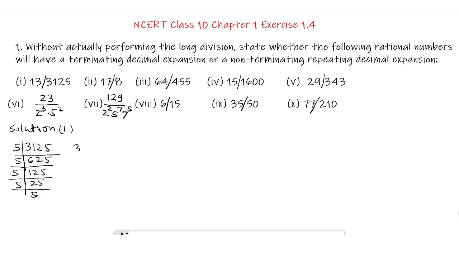So 3125 is equal to 5 to the power 5. Now, as the denominator is having 5 to the power 5, hence it is terminating decimal.